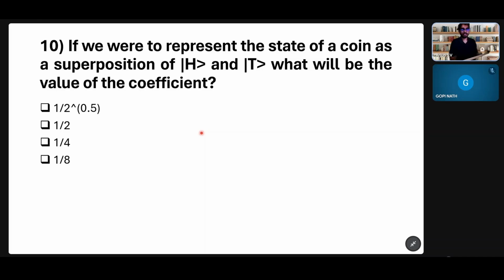In a normal coin toss, the probability of heads and tails is a half each. But in a superposition, the probability is the coefficient squared. So the probability of heads squared plus the probability of tails squared will be 1. So each coefficient will be 1 by root 2, or 1 by 2 to the power 0.5.